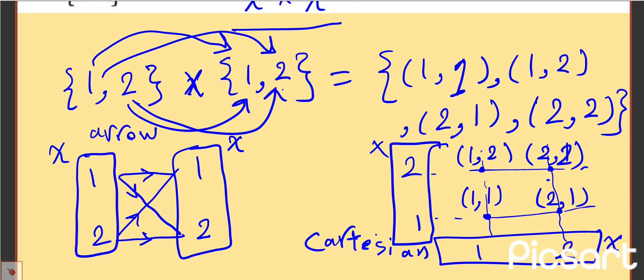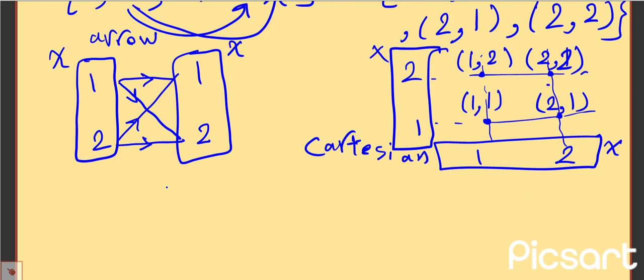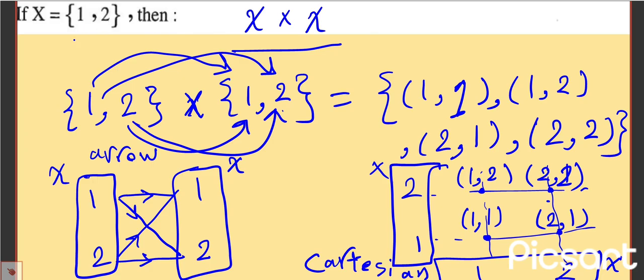Okay, there is another arrow diagram. It's the same arrow diagram. Look at this. We have 1 and we have 2. The set is 1 and 2.